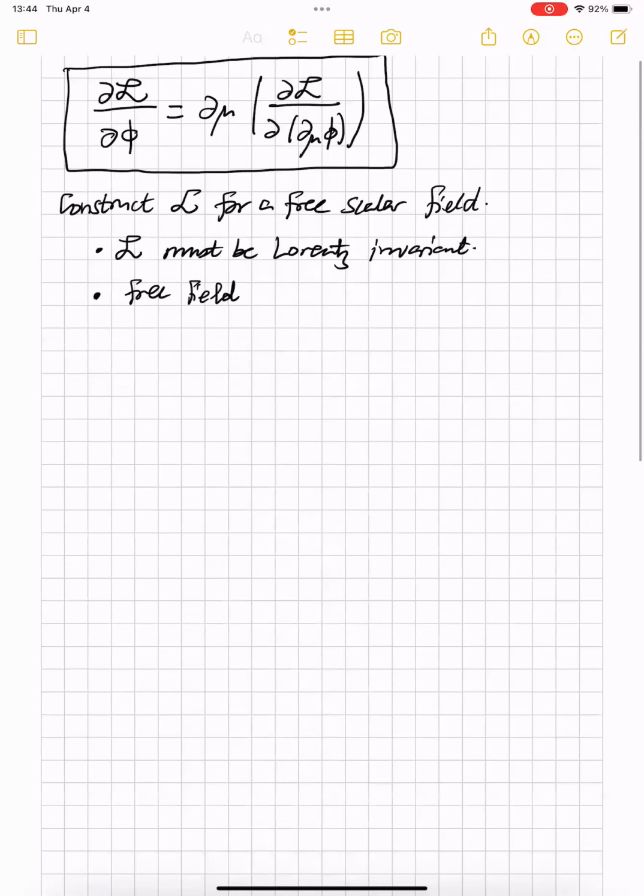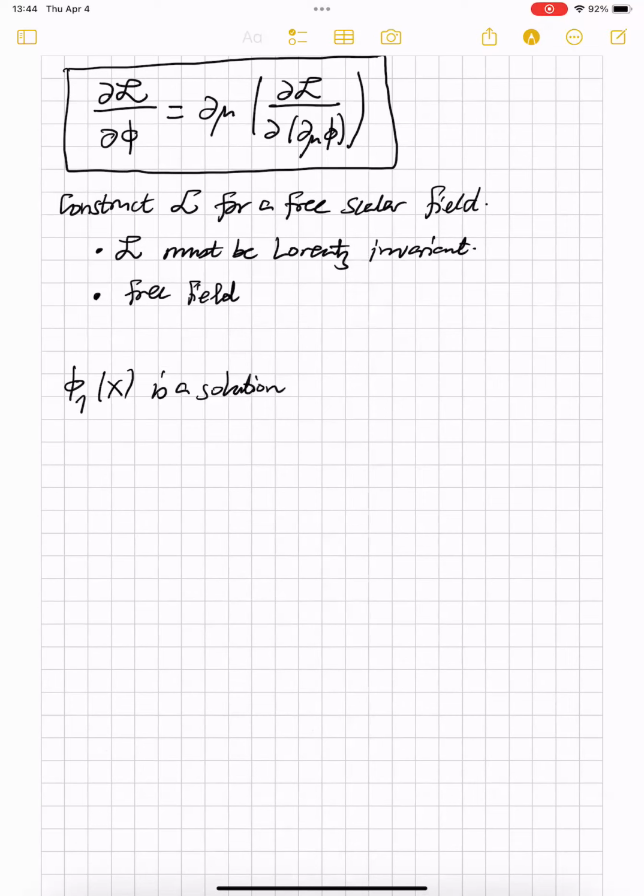Let's imagine that we found our equation of motion and we find out that phi 1 of x is a solution. So this is just some field configuration. Perhaps the field is non-zero in some region and it's wiggling in some way. And let's imagine we keep searching and we find that phi 2 of x is also a solution.